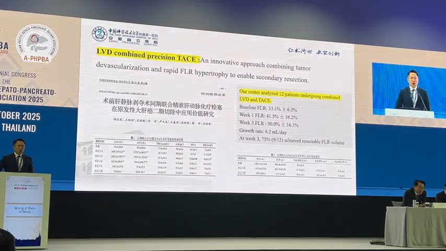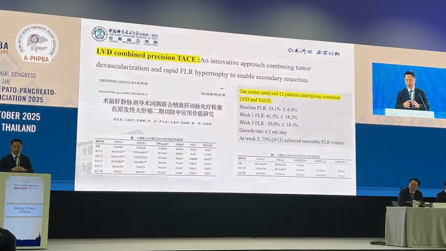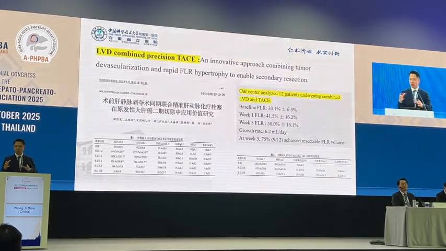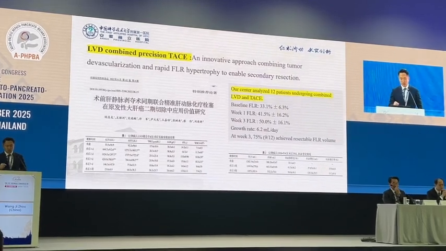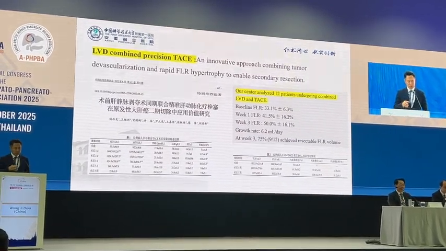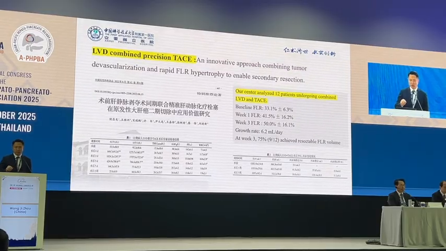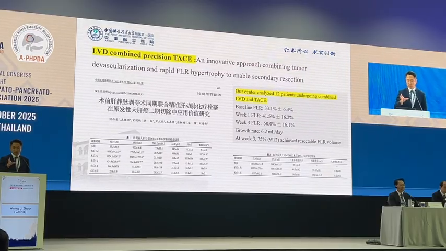So our group did some research on whether we can combine TACE and LVD together. Why do we combine these? We want to use TACE to control tumor growth during liver hypertrophy. Some experts think this may be very dangerous because of the risk of severe liver failure if we do TACE at the same time.